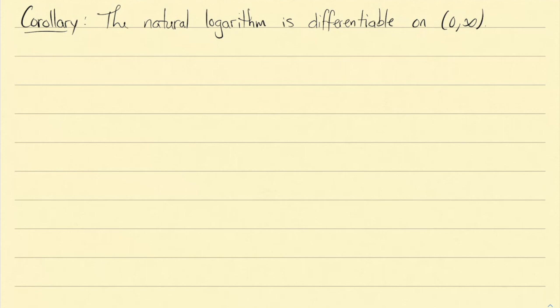So as a corollary to this theorem, the natural logarithm is differentiable on 0 to infinity. The reason for this is, let's take f of x to be e to the x. We know the derivative of e to the x is simply e to the x. So when x is strictly larger than 0, we know that ln of x is well defined.